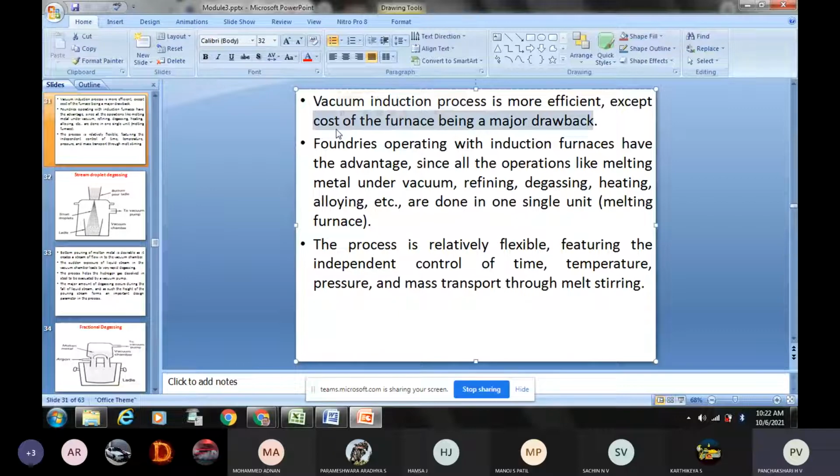Therefore, the cost of maintaining that is very, very high. Foundries operating with induction furnaces have the advantage, since all the operations like melting metal under vacuum, refining, degassing, heating, alloying, etc. take place within the furnace itself. So everything takes place within the vacuum chamber, and the quality of the product we get is very good.